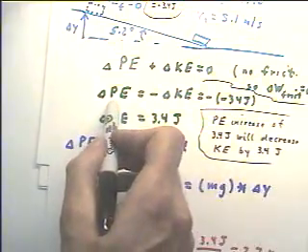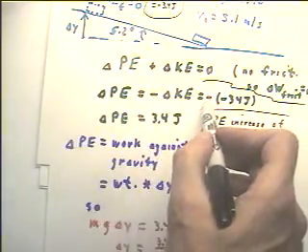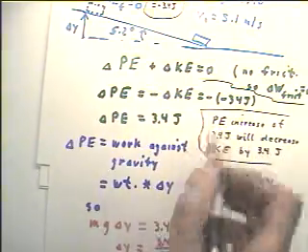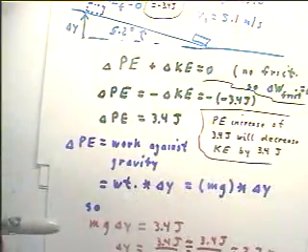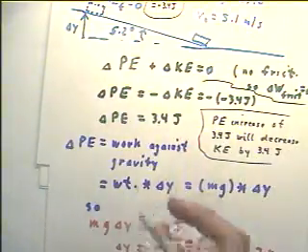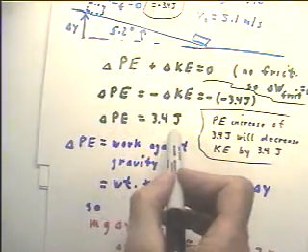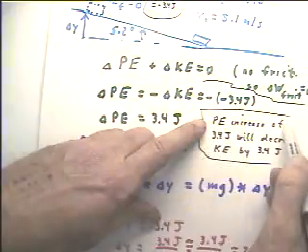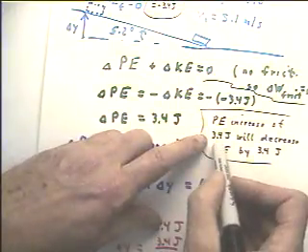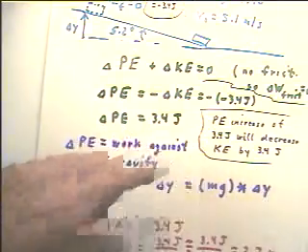That means the change in potential energy is the negative of the change in kinetic energy, which is the negative of our negative 3.4 joules. This means that the potential energy will increase by 3.4 joules. Another way of looking at this simply is that the potential energy increase of 3.4 joules will decrease the kinetic energy by 3.4 joules.